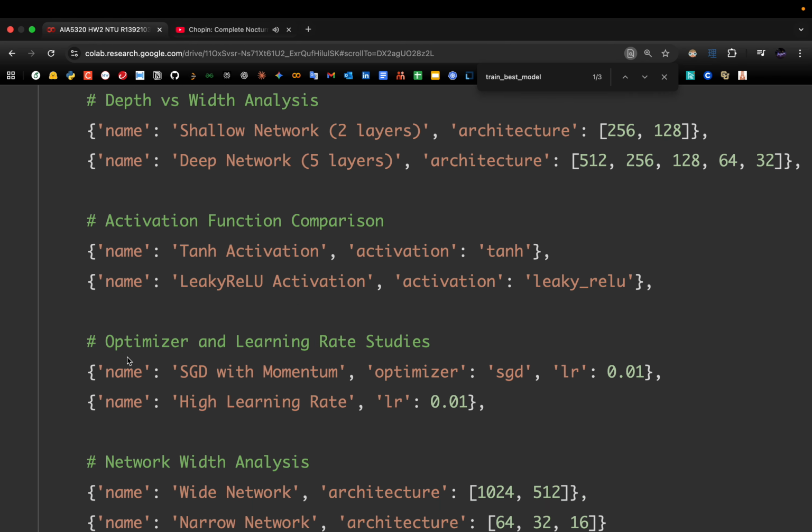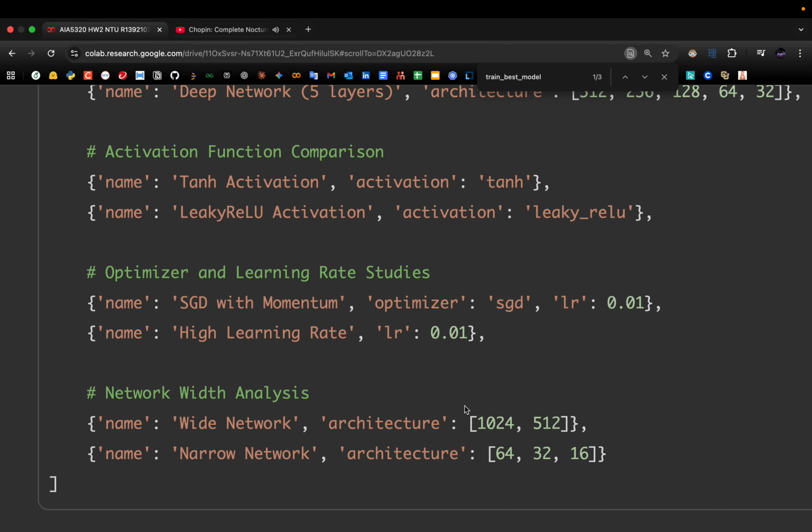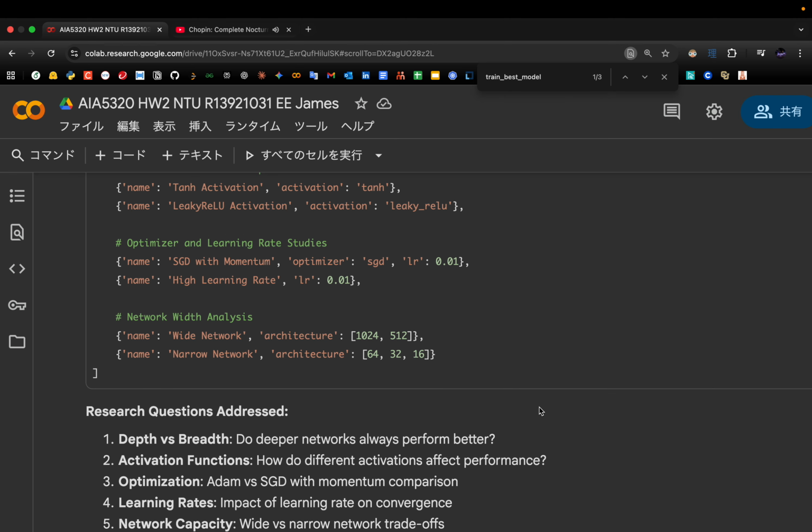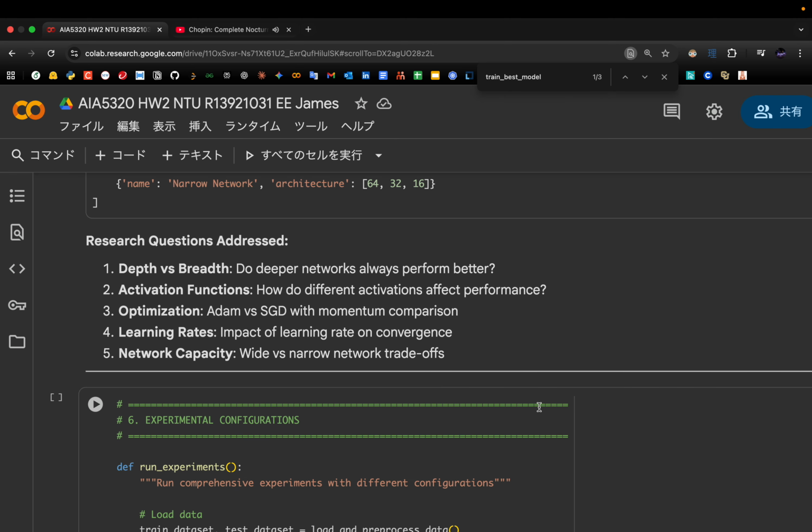And we also compare the optimizer and learning rate. One uses SGD with momentum and the other uses plain SGD as an optimizer. And the second one we use a higher learning rate, set as 0.01. And finally, we compare the wide networks and narrow networks, which have a comparable number of trainable parameters.